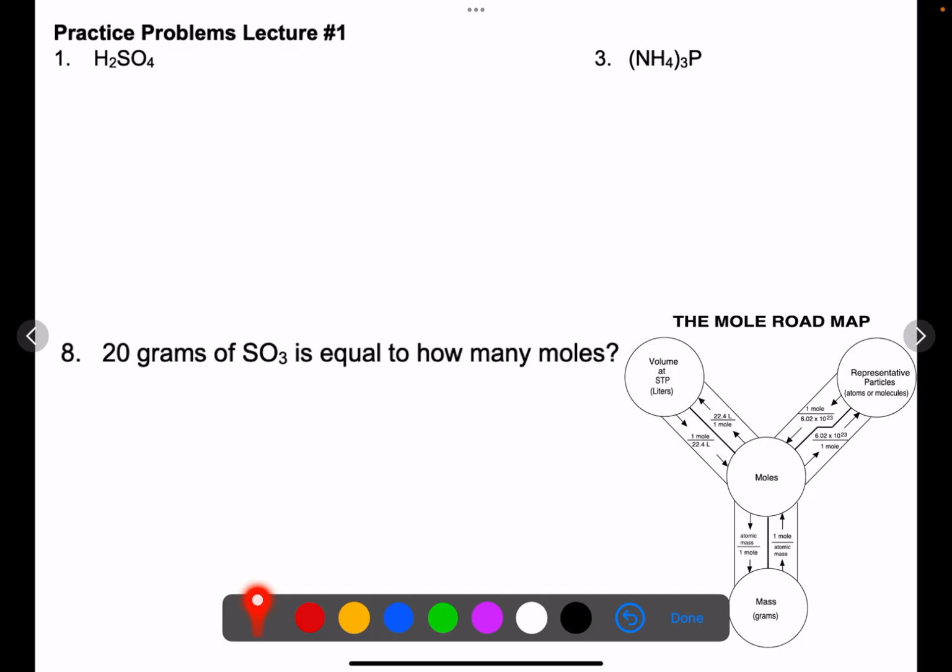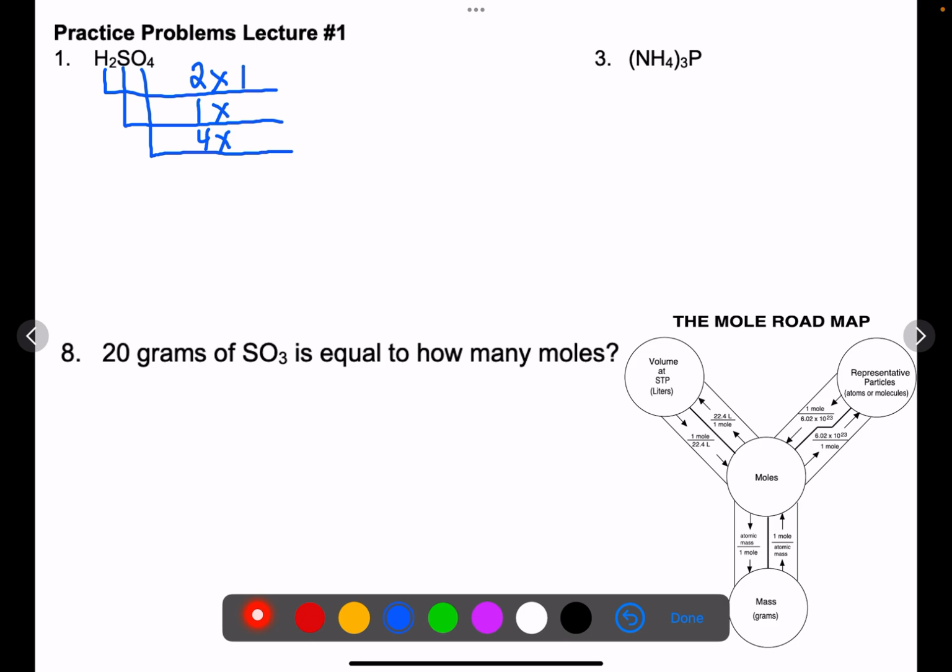So the first thing I'm going to do is, I think the blue is pretty easy to see, I draw a line down and over for each element in my compound. Then I write down the fact that I have 2 hydrogens, 1 sulfur, and 4 oxygens. Now I go to the periodic table and I get the mass for each element.